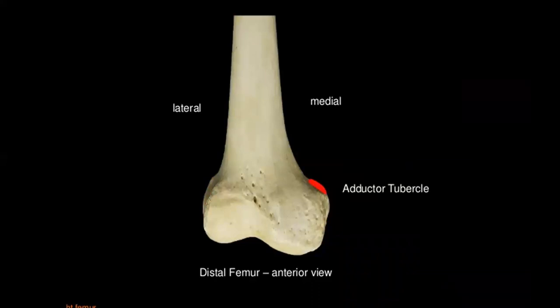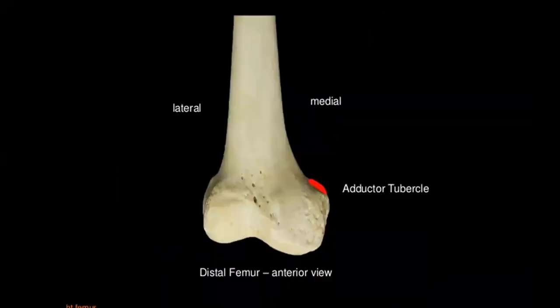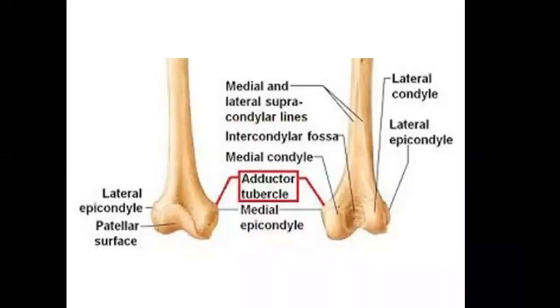Adductor tubercle is another bony structure situated above the medial epicondyle, and it is the continuation of the medial supracondylar ridge down to the adductor tubercle. Then comes the intercondylar fossa. The intercondylar fossa separates the lateral and the medial condyles. And this was all about the lower or the distal third.